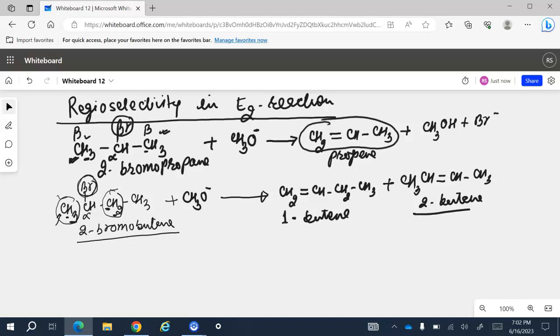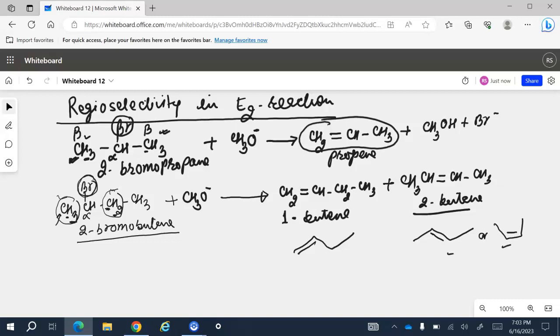This 2-butene product you can write in two ways, as the cis 2-butene or trans 2-butene, whereas 1-butene is only one type, since you have one double bond here. So these are the two possible products, and for 2-butene you have two possibilities.